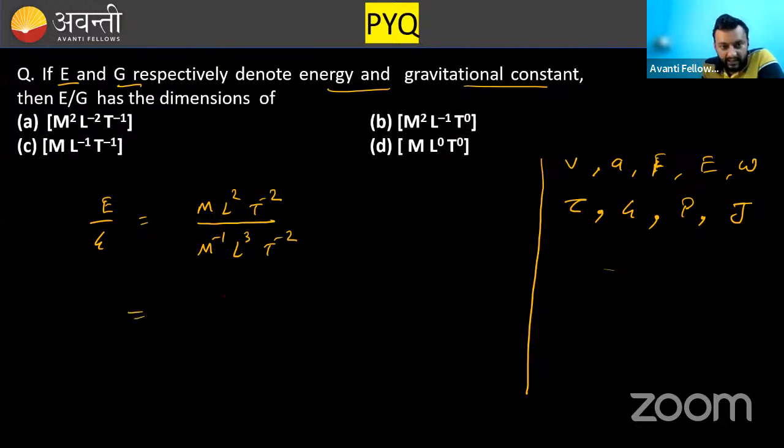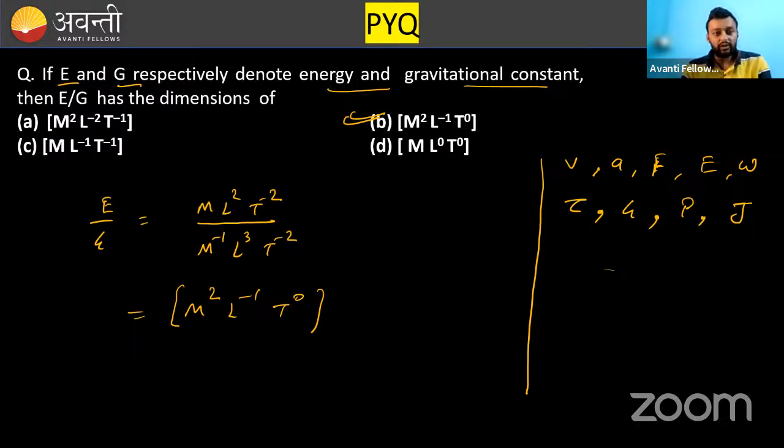So now you can check that after solving, it will become M²L⁻¹T⁰. Very good. M²L⁻¹T⁰, that is option B.